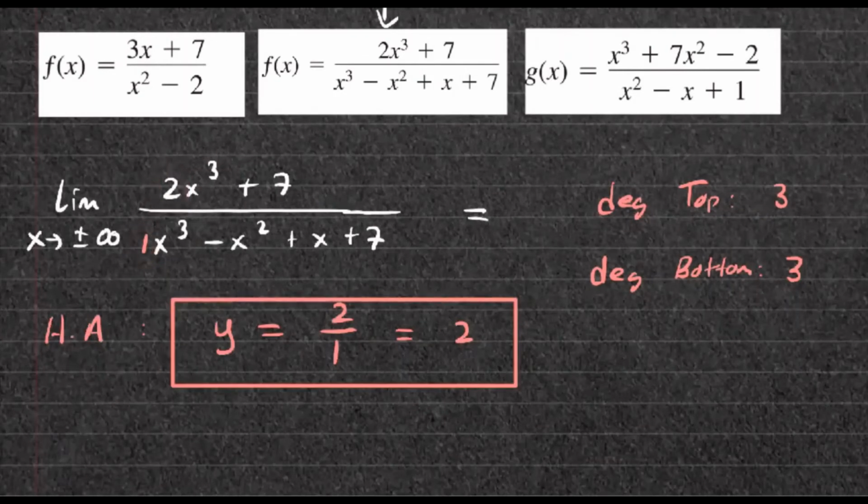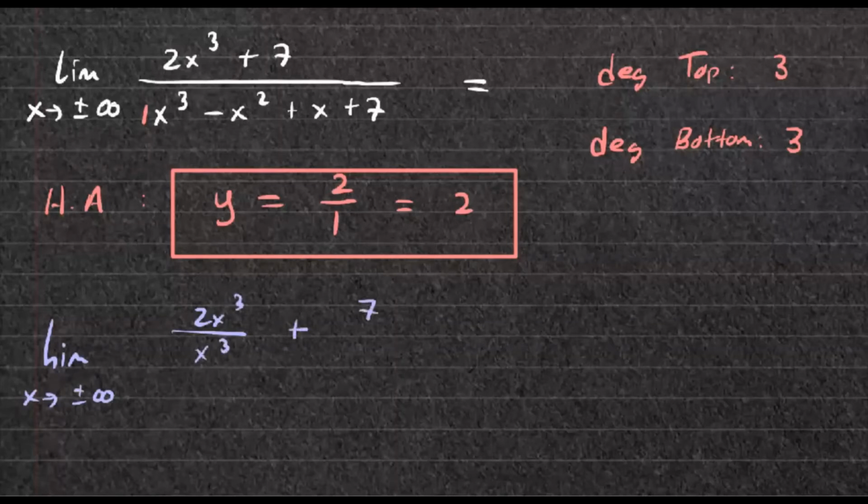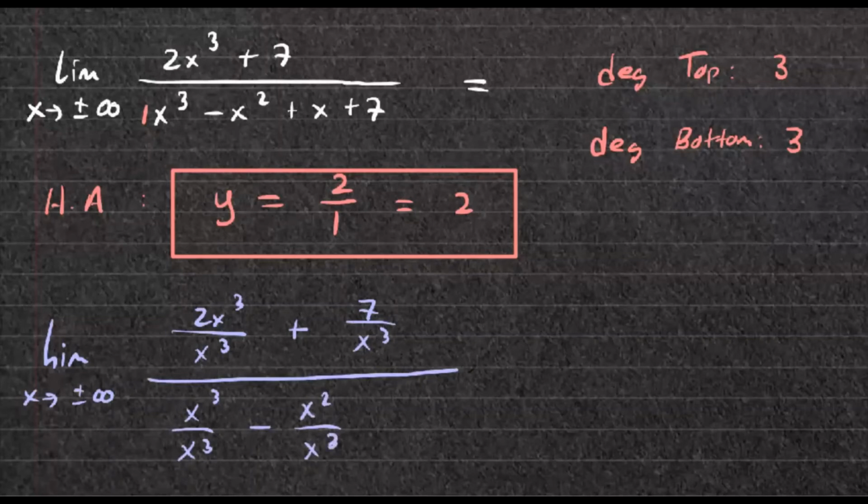So we take the highest power on the bottom and divide everything by that term. So we know the highest power is x to the third. So we have the limit as x approaches plus or minus infinity of 2x cubed over x cubed plus 7 over x cubed, divided by x cubed over x cubed minus x squared over x cubed plus x over x cubed plus 7 over x cubed.